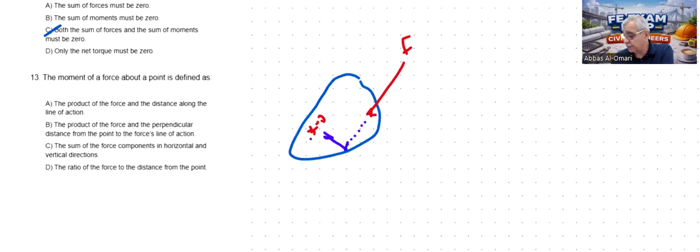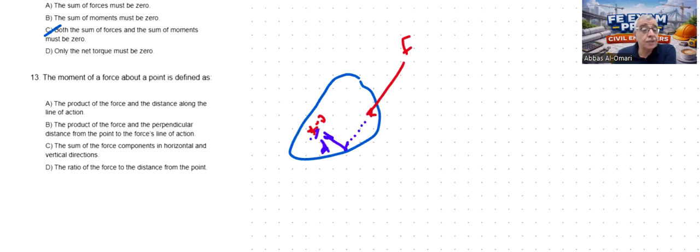This is D. So it is the perpendicular distance between the point and the line of action of the force. So the answer is the product of the force and distance along the line of action. This is not clear. The product of the force and the perpendicular distance from the point to the force's line of action. So this is the correct answer.